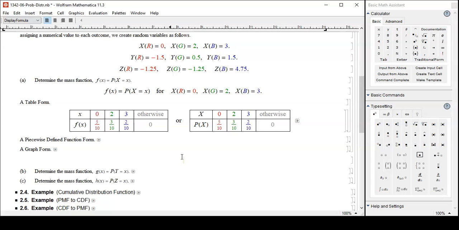So basically, if you sum up these, so in this case 0, and in this case 2, and in this case 3 for RGB, always you get the total probability of 1.